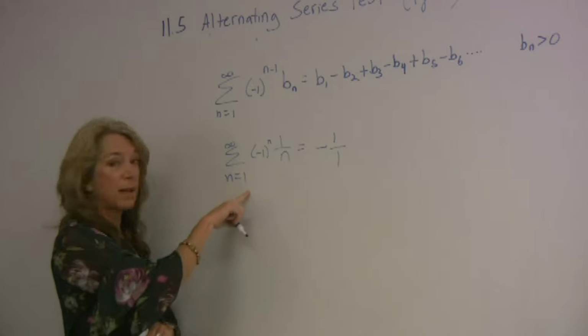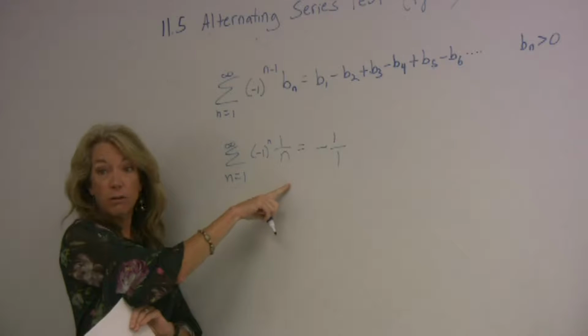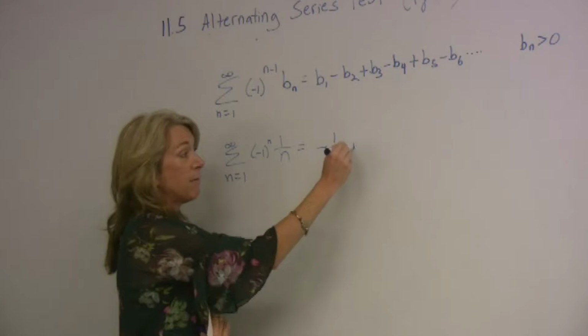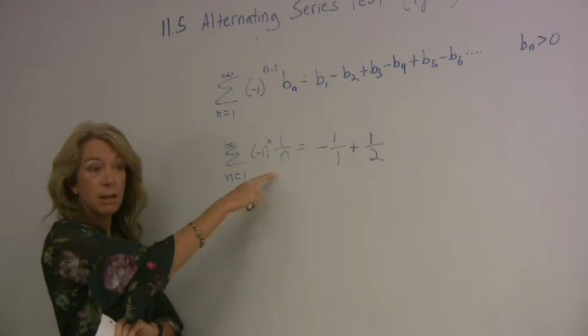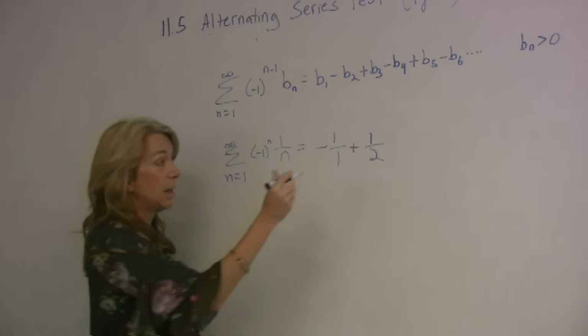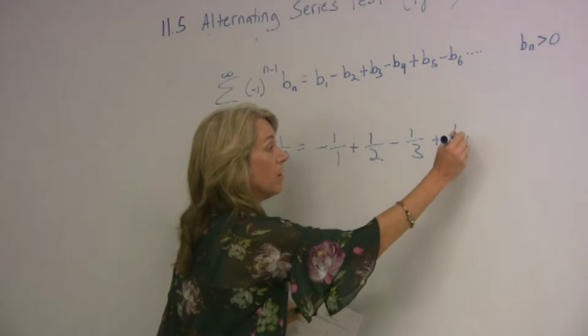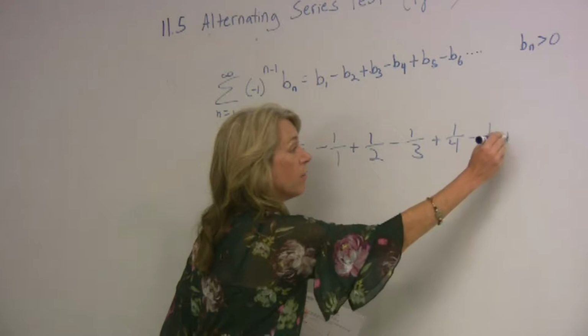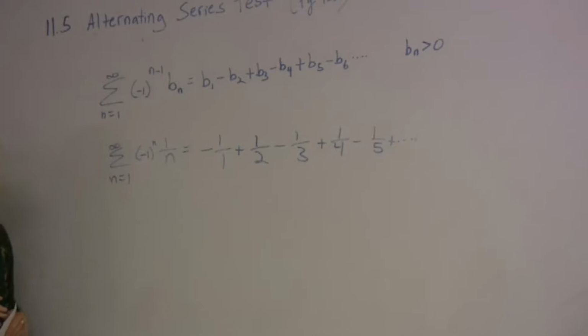I'll have to plug in 2, careful. So I plug in 2 here, that's positive, and I have 1 over 2. That would be 1/2. See where the 1/2 came from? Plug in 2 in here and here. What's the next one? Negative 1/3. Positive 1/4. Negative 1/5, and so forth. Plug in n equals 1, 2, 3, and so forth.